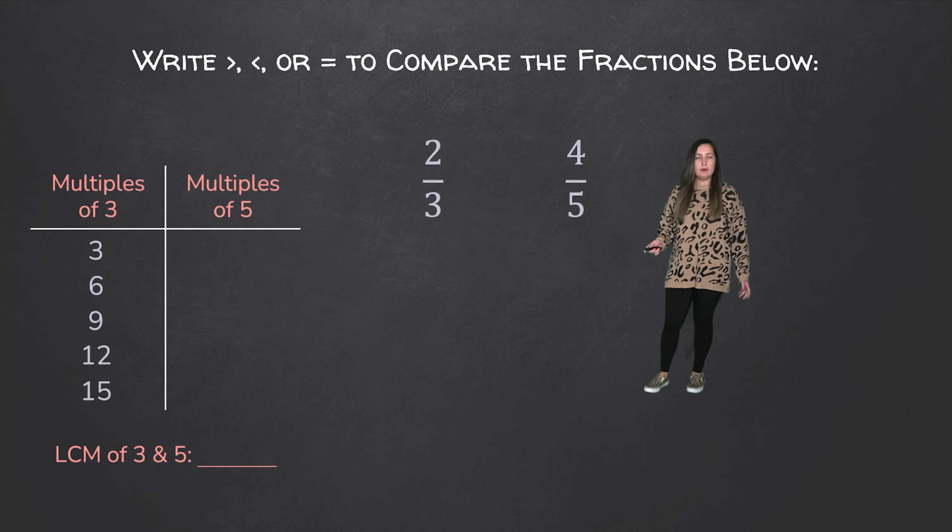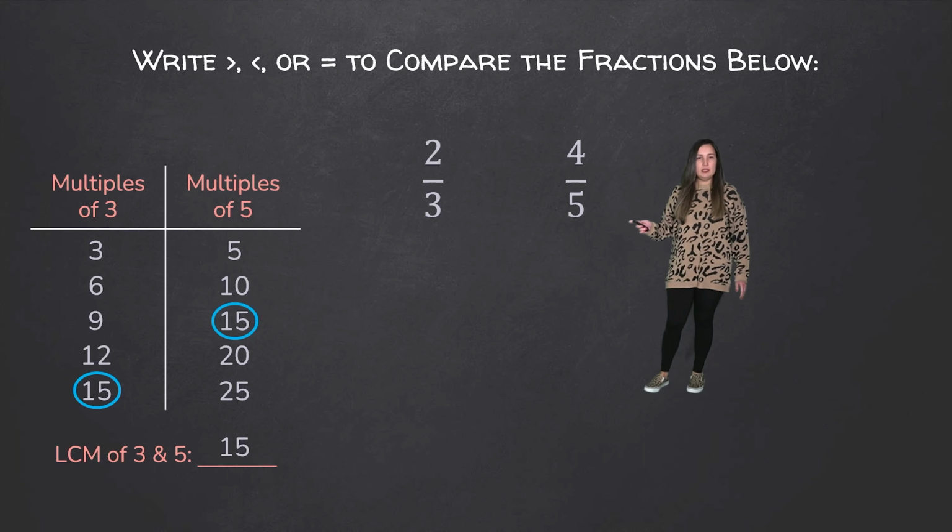Obviously, we could keep going, but that's where our list ends. And some multiples of 5 are 5, 10, 15, 20, and 25. And notice that the smallest number that they have in common for their multiples, so our least common multiple, is 15. So our goal is to take these two fractions and make it so that they have a denominator of 15 to help us compare.